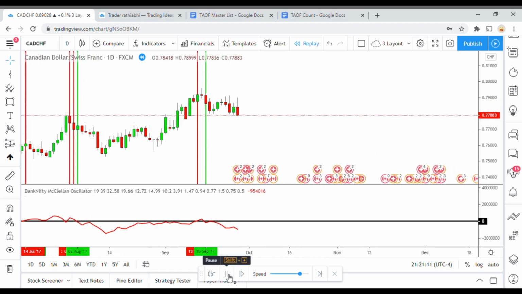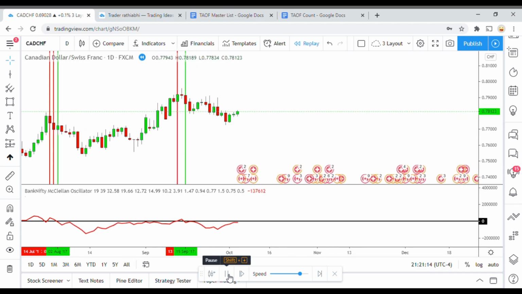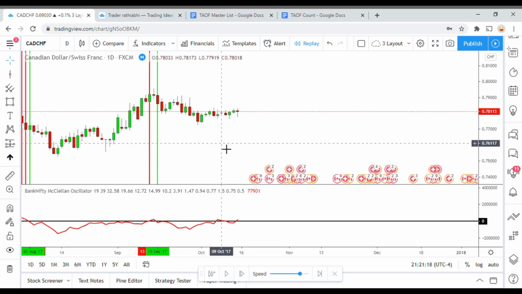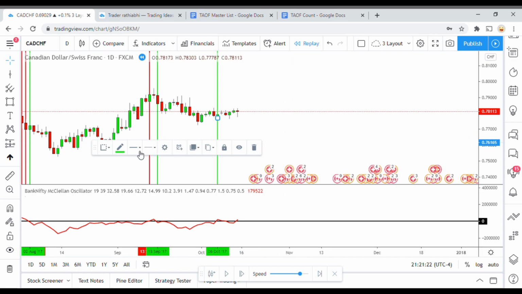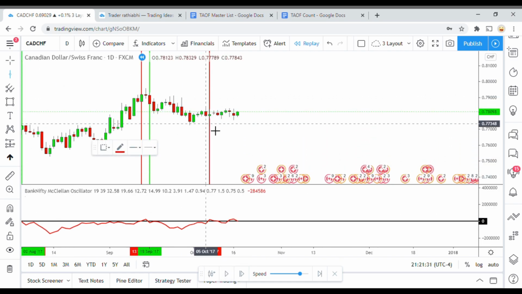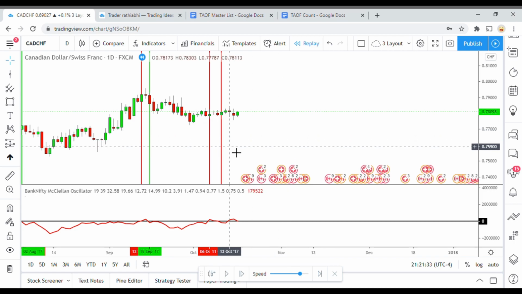And we're still in short territory at the moment. Let's see what it does. Playing along here. Oh, broke up there for a second. Right there. Then it dropped out right here.